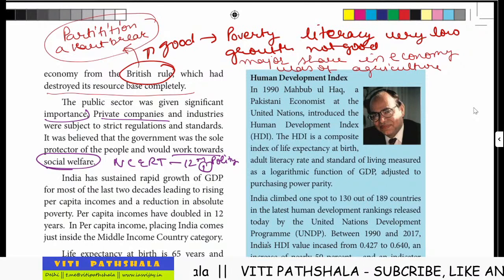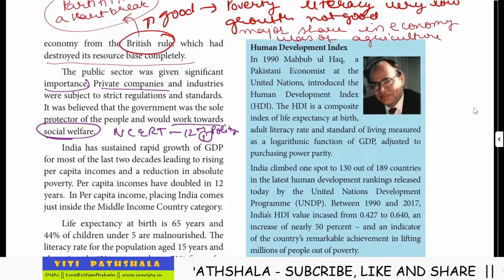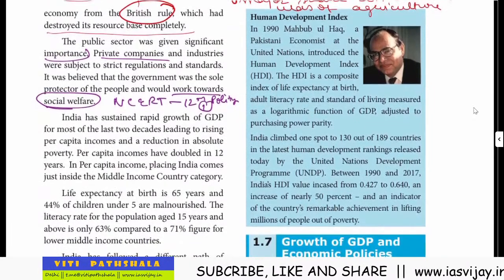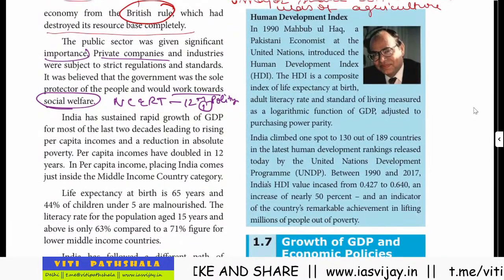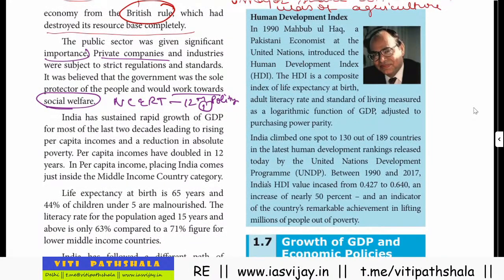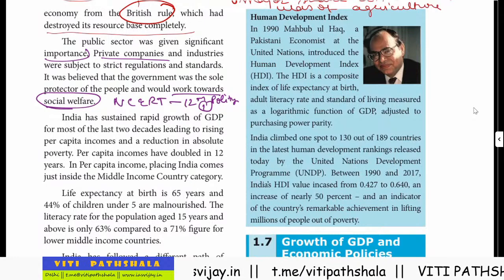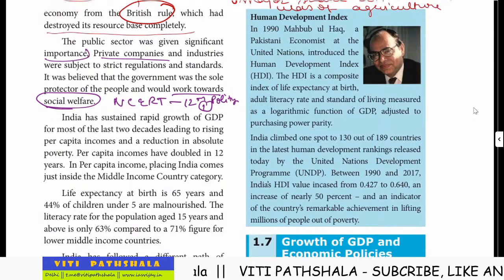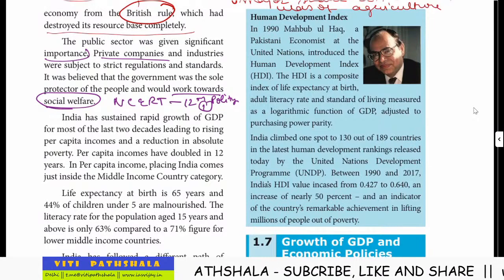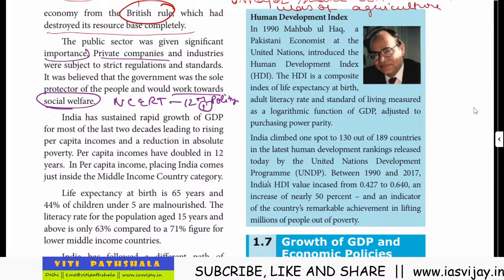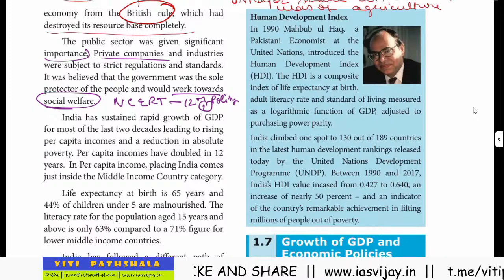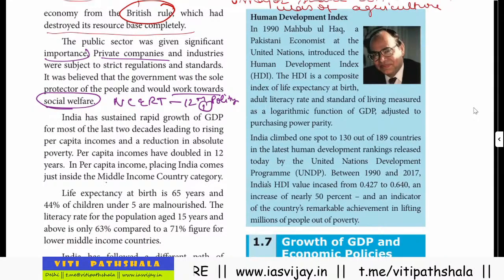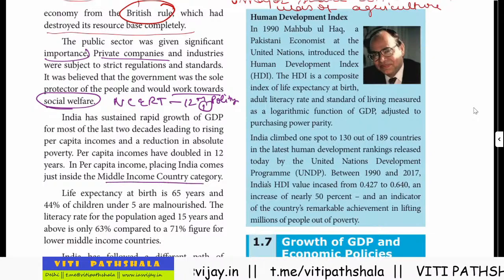Now, India has sustained rapid growth of GDP for most of the last 2 decades, leading to rising per capita incomes and reduction in absolute poverty. Per capita income has doubled in 12 years, placing India just inside the middle income country category.